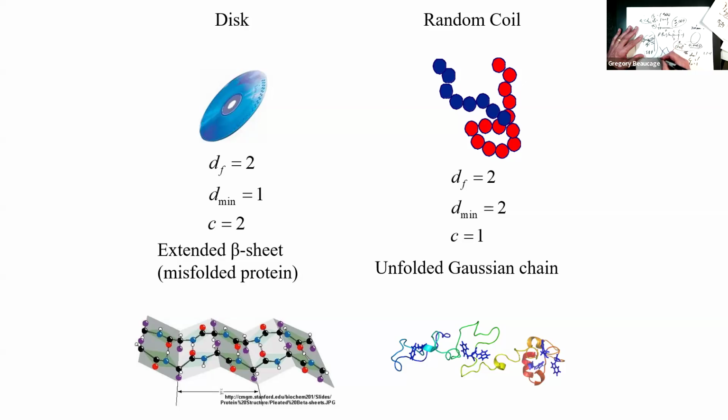The unbound one, if you look at it, ends up having a fractal dimension of 1.67 or 5/3. Means it's closer to a rod. If it was a rod, it was a 1, a polymer is 2. So it's a little bit less than 2, right? That's the unbound. And the bound one, when you melt it, it turns out it has a fractal dimension of 2, just like a Gaussian coil, because the fibers are literally passing through each other because they're glued together.